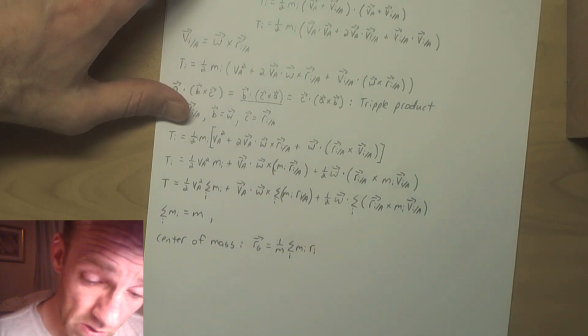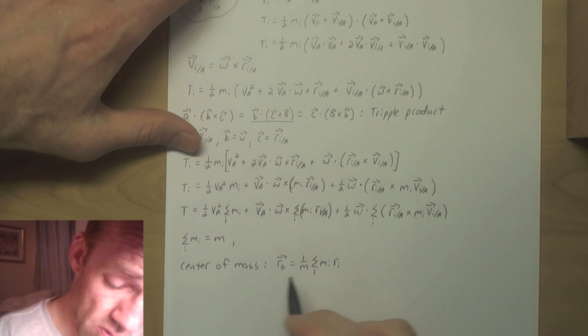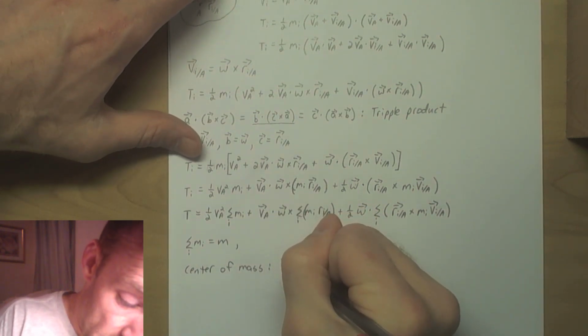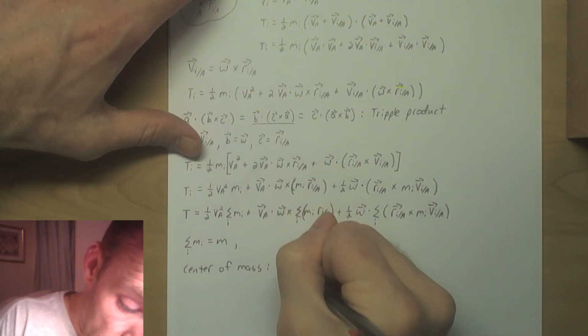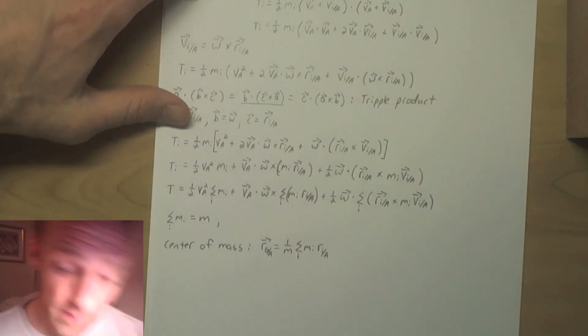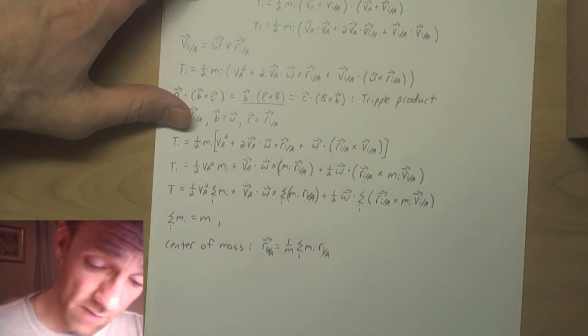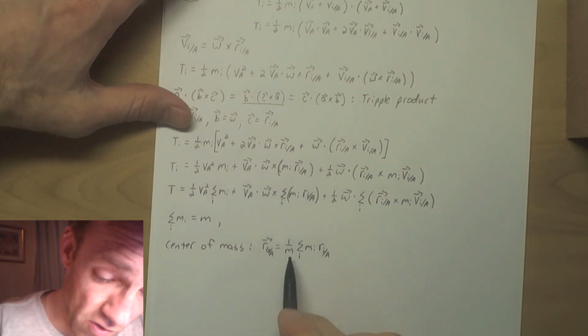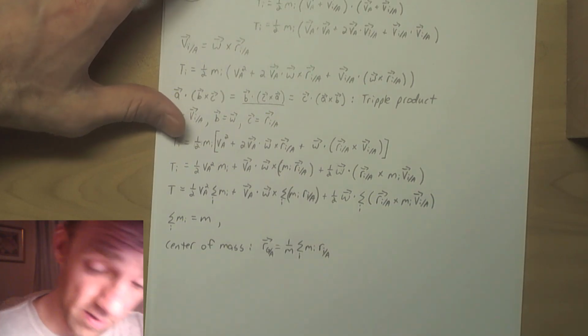In this case, the center of mass relative to point A would be given in that form. So what we have here is just mass times the center of mass.